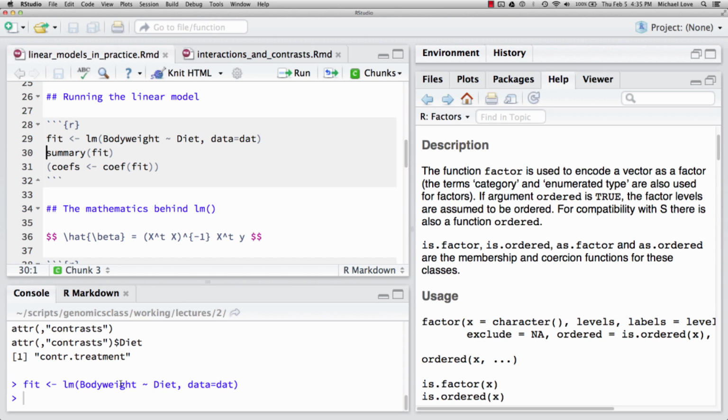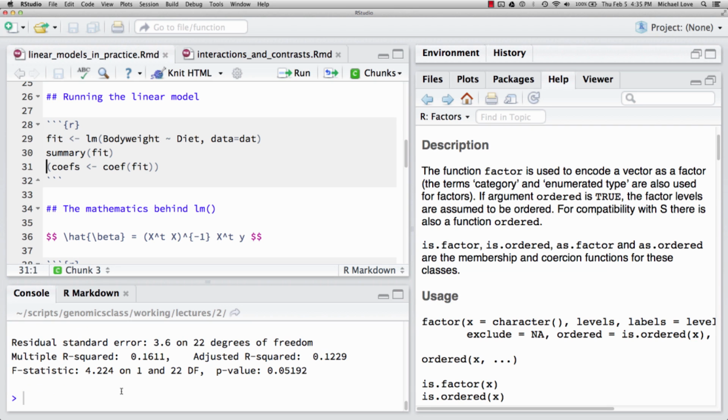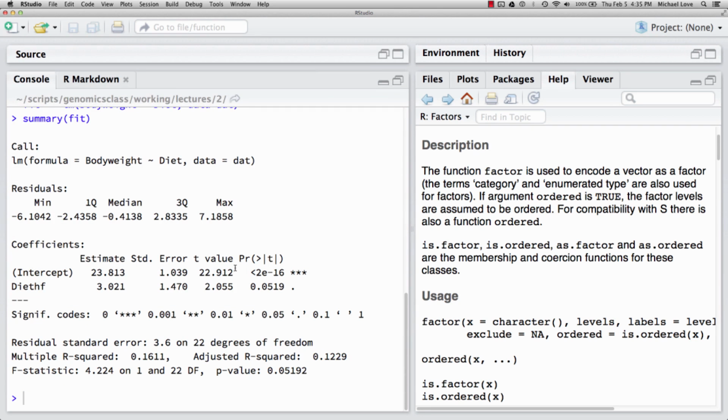So one of the functions that can go into fit and access the information is the summary function. It prints out a table that looks like this. It tells you the call, some information about the residuals, and then down here is the coefficients table. So let's look at the coefficients table for a minute. It gives you a row for every column of the model matrix.